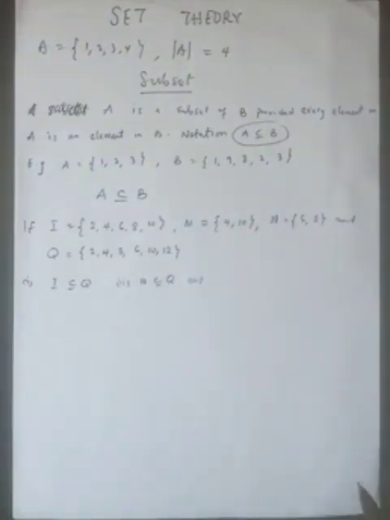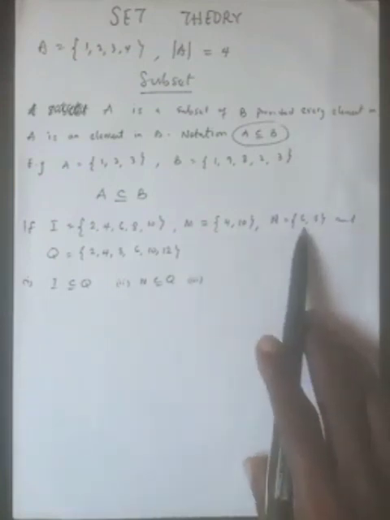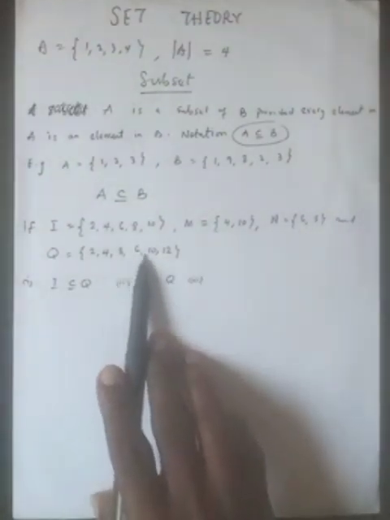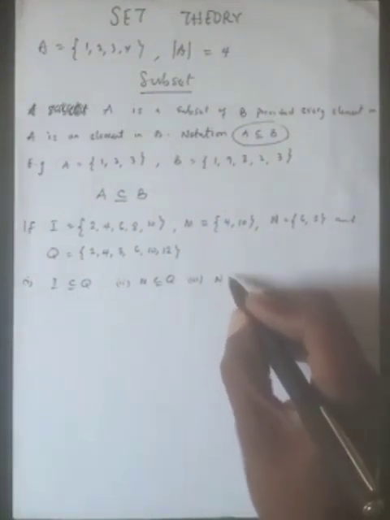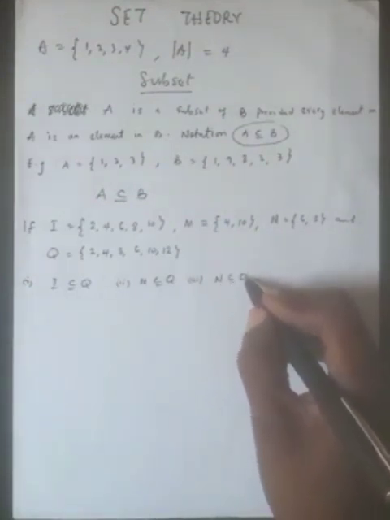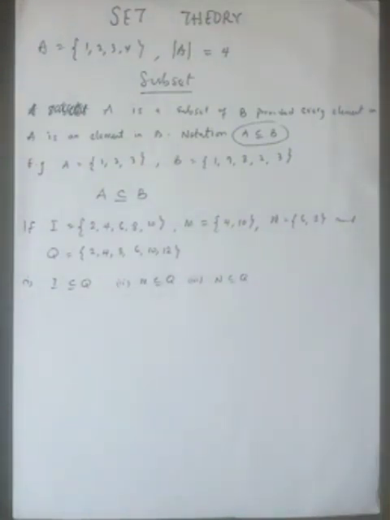Yes, it is a subset of set Q because the 2 elements we have in N are also present in set Q. So we can say that set N is a subset of set Q.